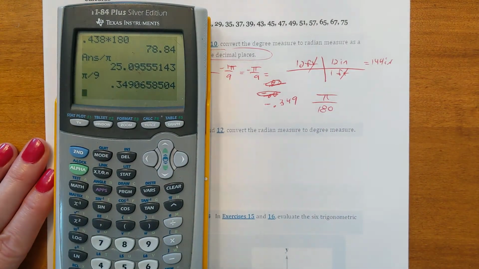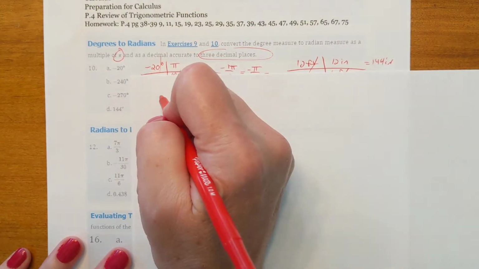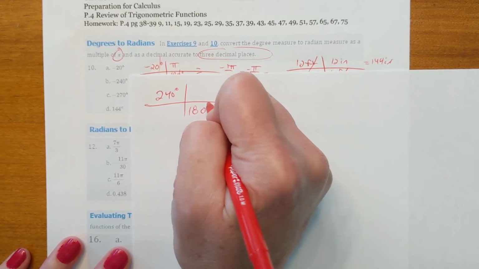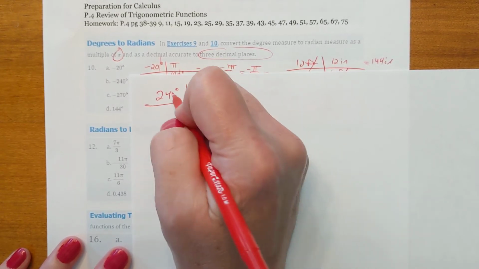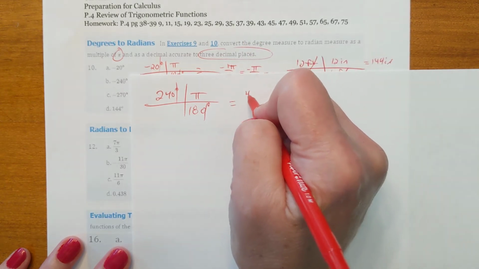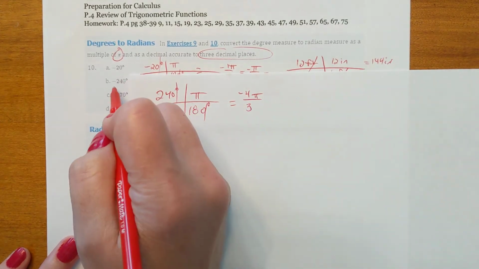All right, and then on the next one, it is 240 degrees. Again, we want to change that to radians, so you cancel out the degrees and have it in pi. 24 over 18, divide those both by 6, and you get 4/3 pi. And it's negative, so negative.